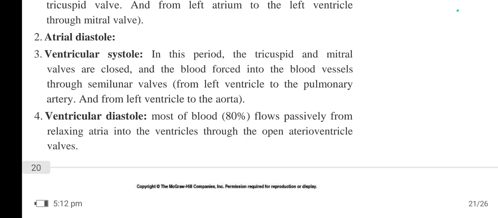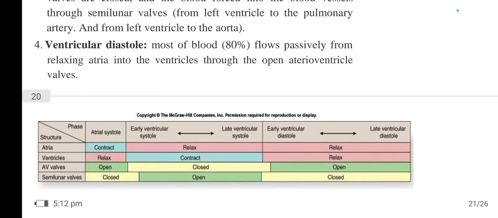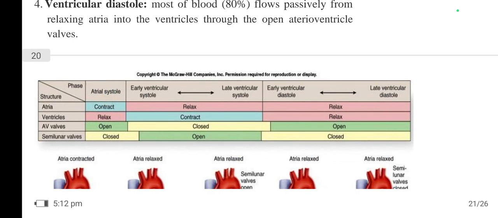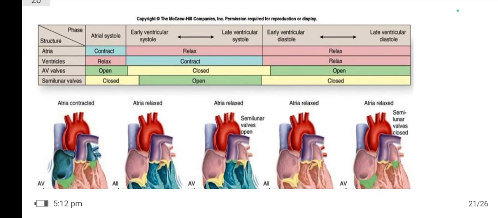In this period, the tricuspid and the mitral valves are closed and the blood is forced into the blood vessels through semilunar valves, from the right ventricle to the pulmonary artery and from the left ventricle to the aorta. Ventricular diastole, most of the blood, 80%, flows passively from relaxing atria into the ventricles through the open atrioventricular valve.